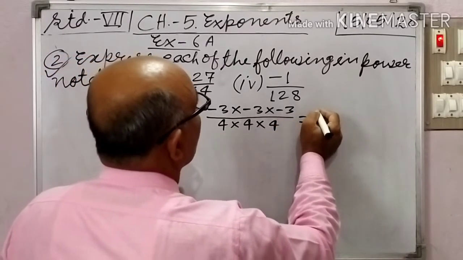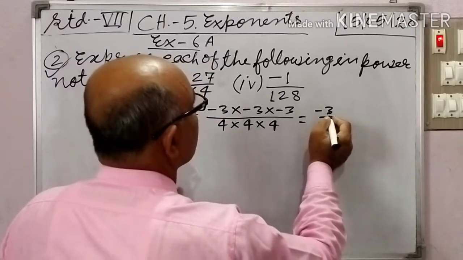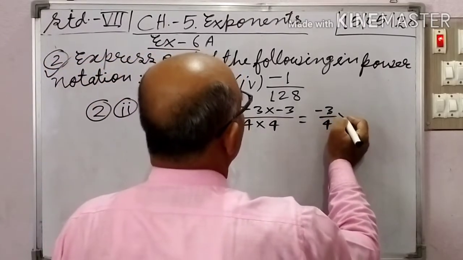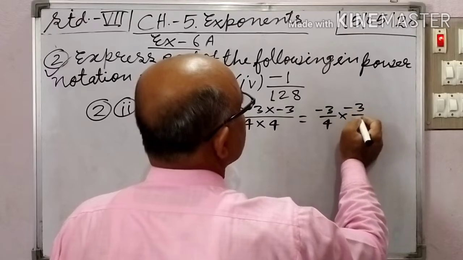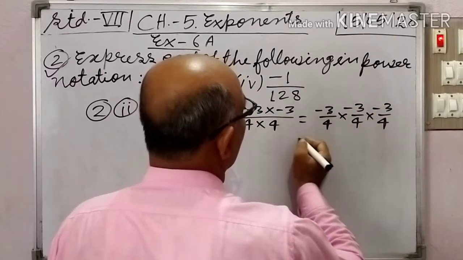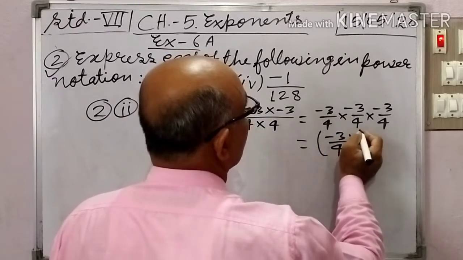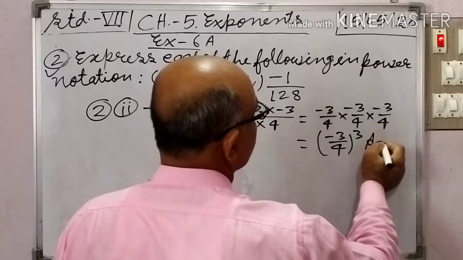Equal to minus 3 by 4 into minus 3 by 4 into minus 3 by 4, equals minus 3 by 4 to the power 3. Answer.